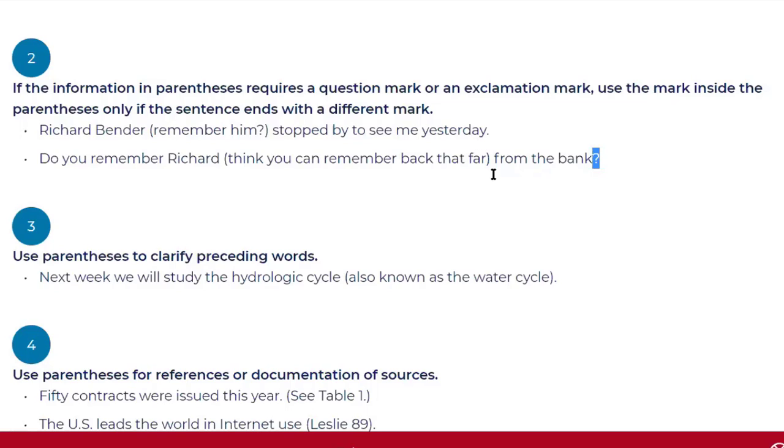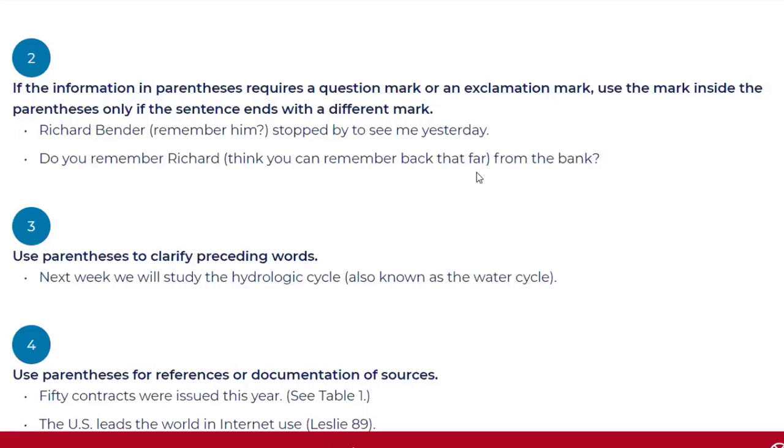Are you getting it? For example, if this sentence had ended with a question mark, then we wouldn't have used the question mark here. The rule says only if the sentence ends with a different punctuation mark. This one ends with a different one, so that's why there is a question mark here, but this is ending with the question mark, so we can't use another one here.